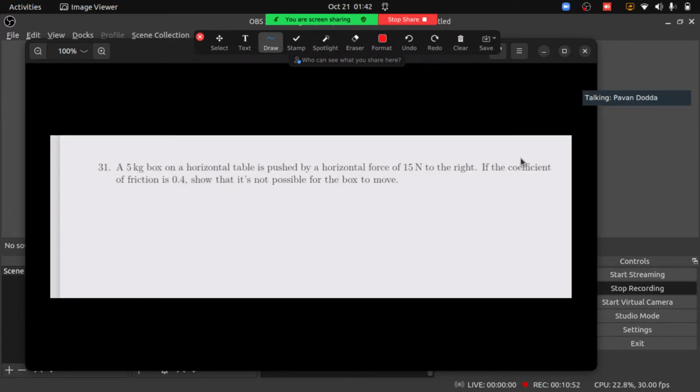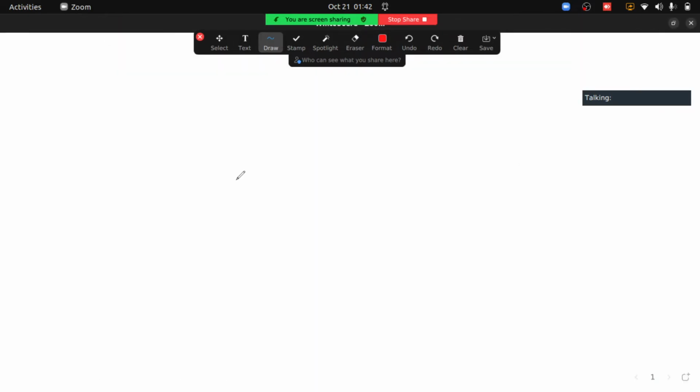Okay, so tell me what's happening here. There is a wooden pallet of mass 600 kilogram. He has given us two types of coefficient of friction, right?